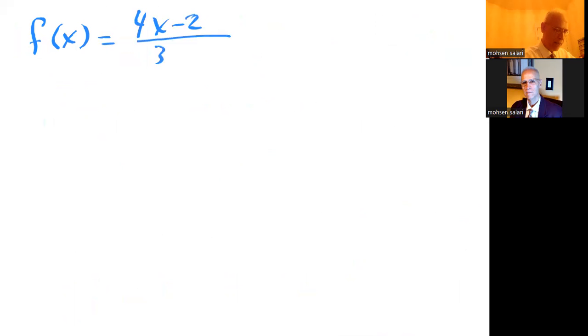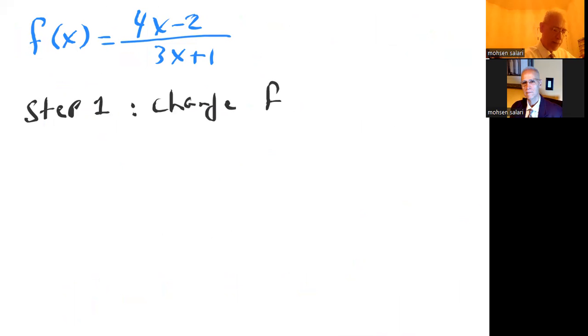Going to the next page. So f of x, let's say this time, is 4x minus 2 all over 3x plus 1. So step one, change f of x to y.